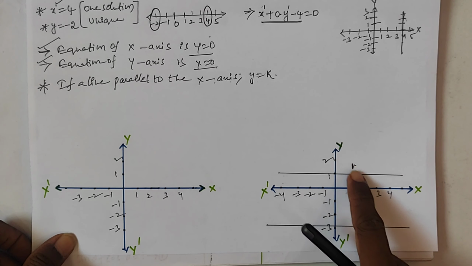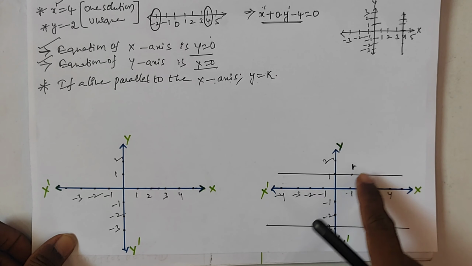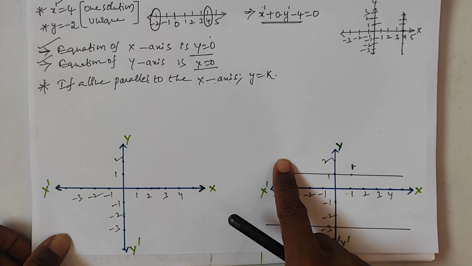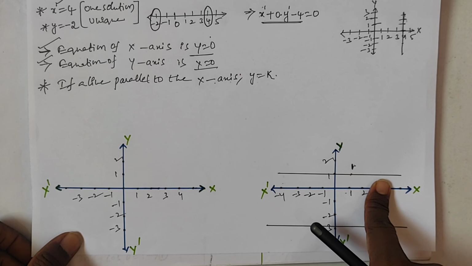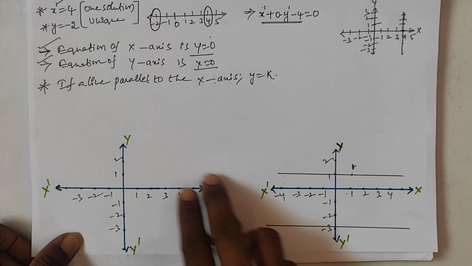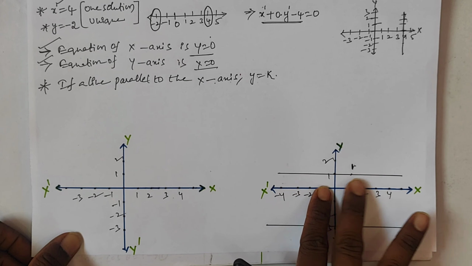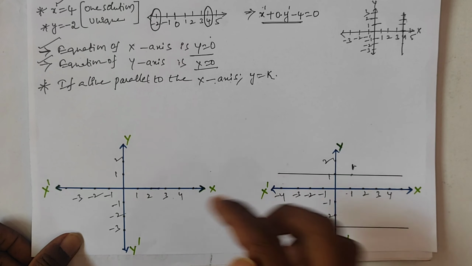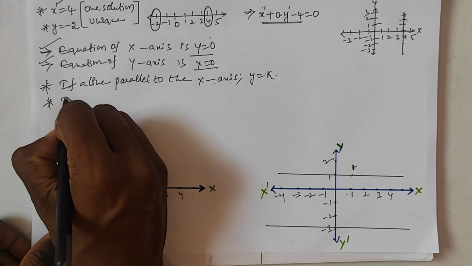You can say (1, 1), (2, 1), (3, 1), (4, 1), (-1, 1), (-2, 1), (-3, 1), (-4, 1). So many solutions you will get. Clear? So if a line is parallel to the x-axis, then y equals a constant.